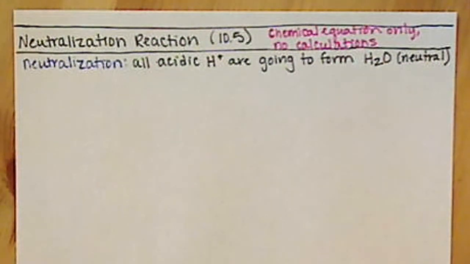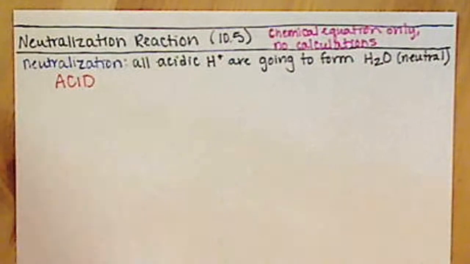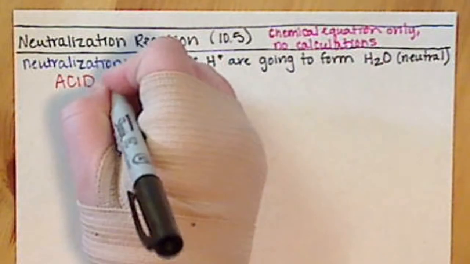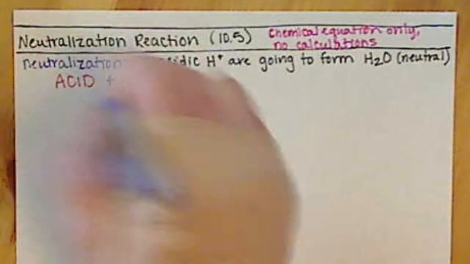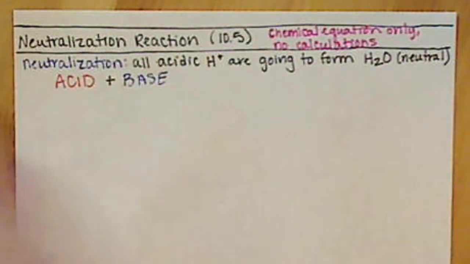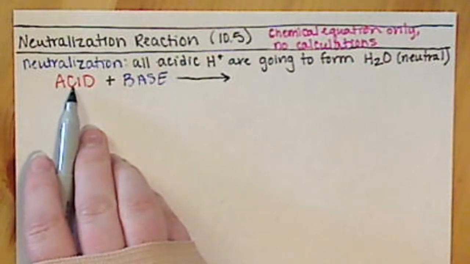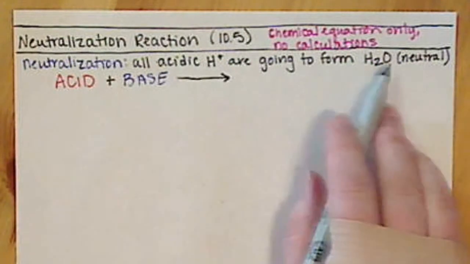So how neutralization occurs: it's just a specific type of chemical reaction. This doesn't happen all the time, but we're going to take an acid and add that to a base. Like I said, all of the acidic protons are going to contribute to water.